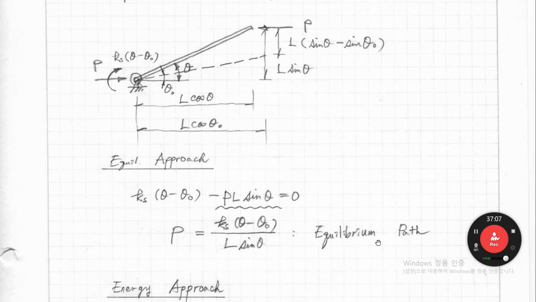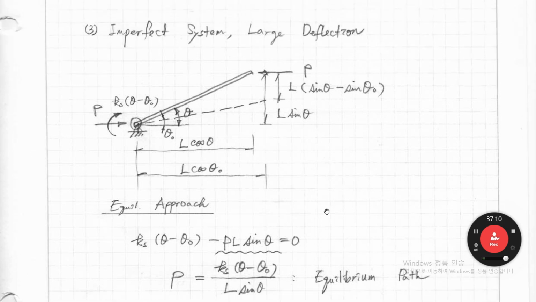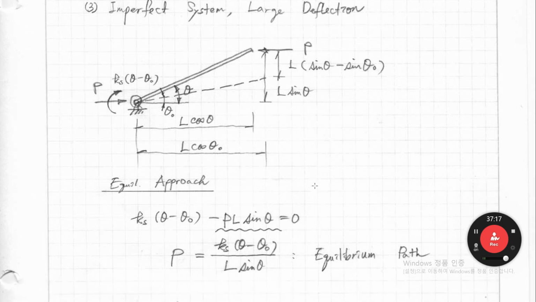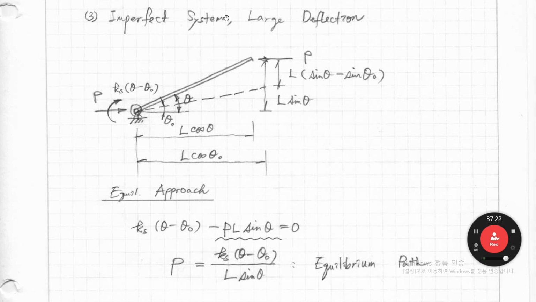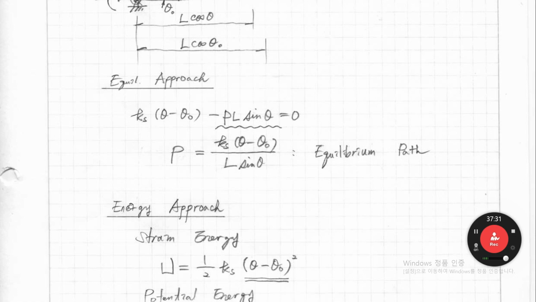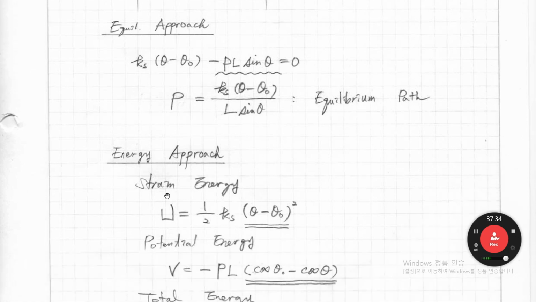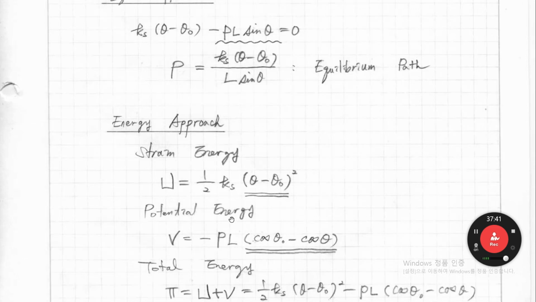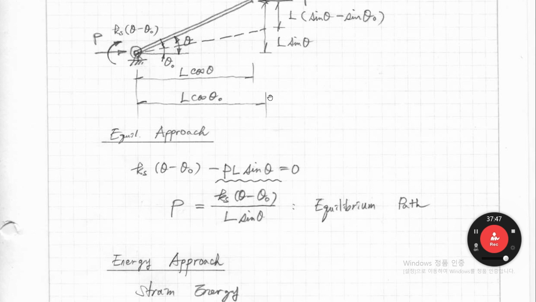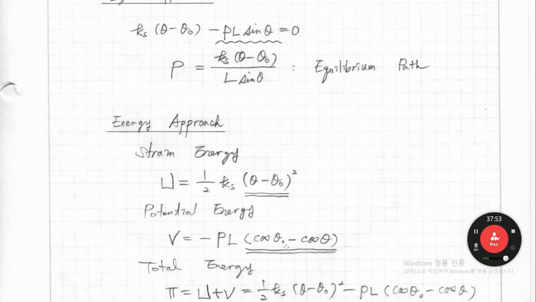It is not a post-buckling path because this is an imperfect system. There is no buckling, so we cannot call it a post-buckling path for an imperfect system. So we call it the equilibrium path. If we use the energy approach, strain energy is 1/2 Ks times the rotating angle squared, and potential energy is minus PL times this distance and this distance, so cosine theta 0 minus cosine theta.